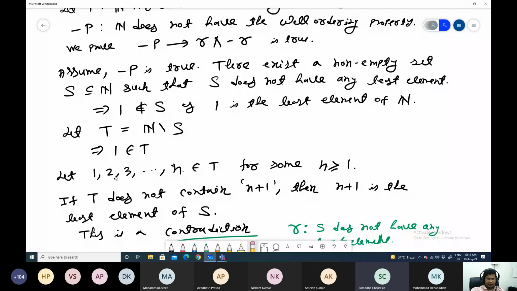See, here I am writing 2, 3 up to n, that is fine, but that does not mean that 2 always exists. That is the reason I have written here n bigger or equal to 1. That n can be 1 as well. Okay. Right.